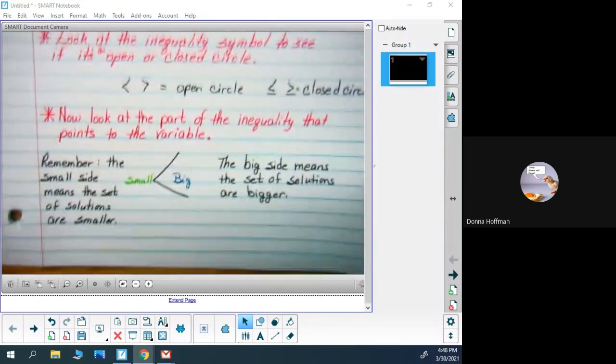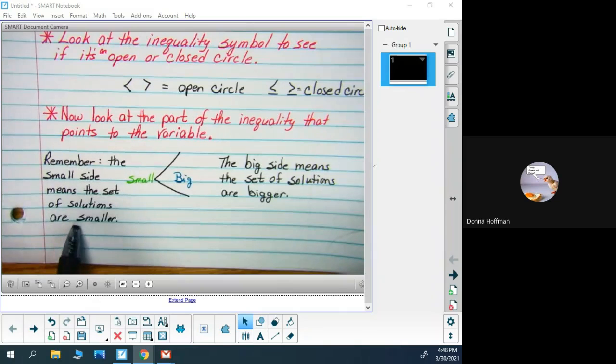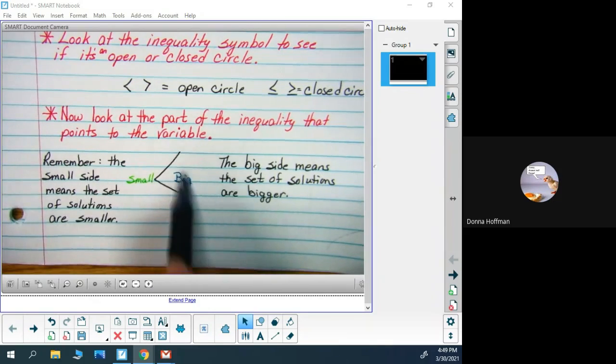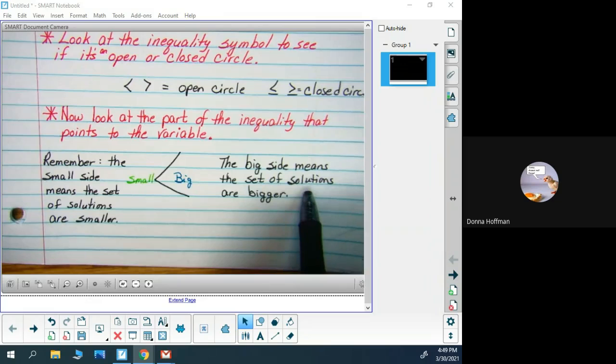If it is the small part of the inequality pointing to it, the small side means you go to the set of solutions that are smaller than that number. If the big part of the inequality is pointing to that number, then you're going to use the big side of the number line to graph, because those numbers are all going to be bigger than that particular number.